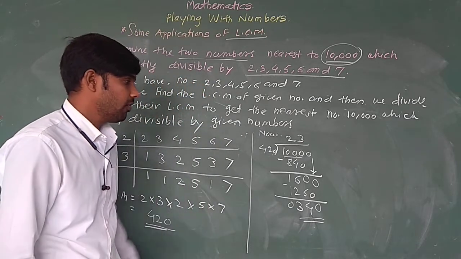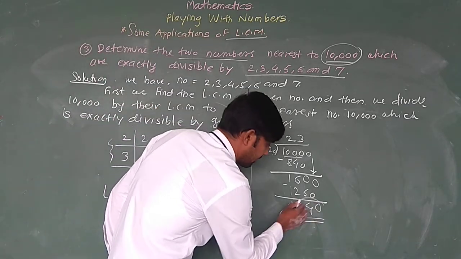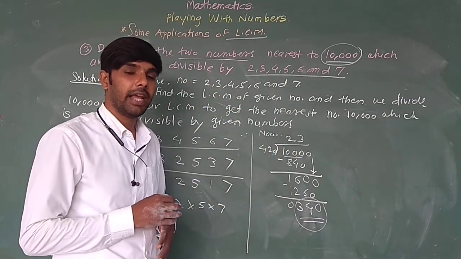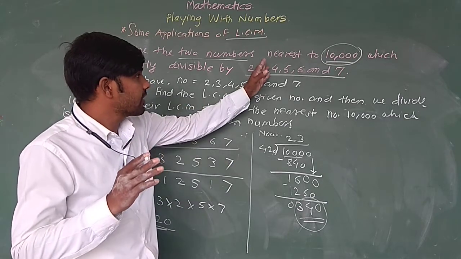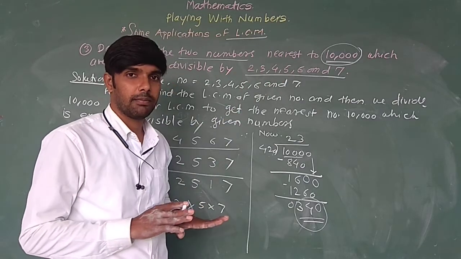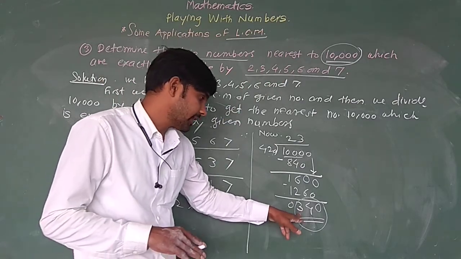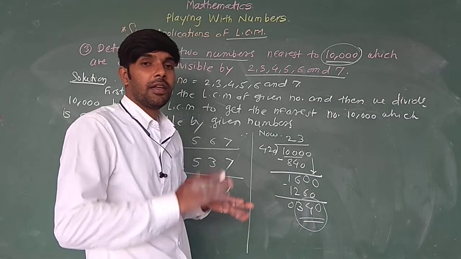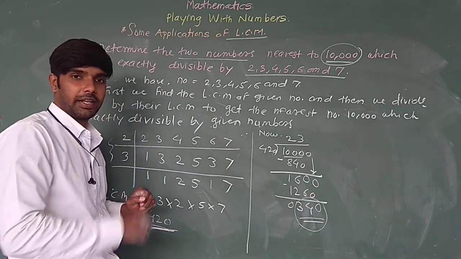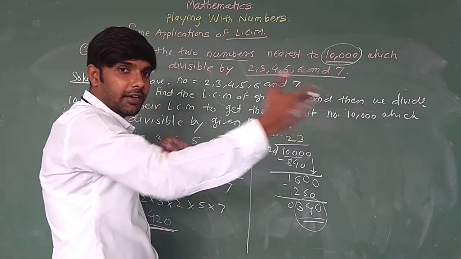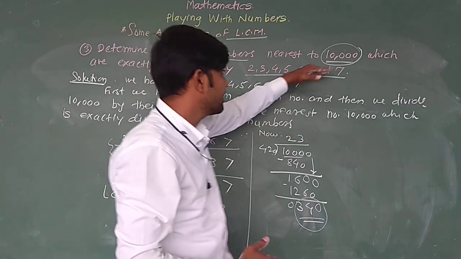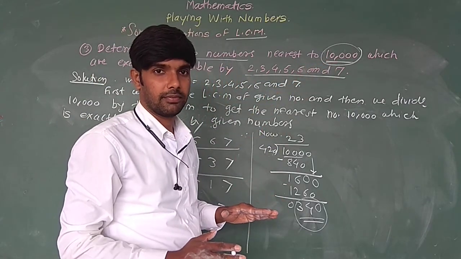Now we subtract this remainder from 10,000. Then we get the nearest number to 10,000 which is exactly divisible by these numbers, because when we subtract this 340 from 10,000 we get a number which is a multiple of 420, which is exactly divisible by these numbers, and which is nearest to 10,000.